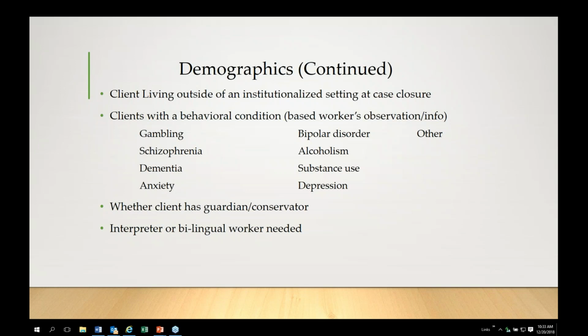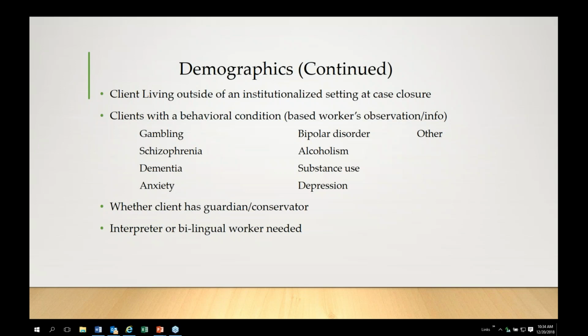What we're trying to get to with this is, how much of the time are we keeping people out of institutions and in their own homes? One of our cardinal values is to keep people in the least restrictive setting, and we want to know how often we're managing that. So think of this as, wherever the client is at case closure, would that still be APS jurisdiction if something happened to them there?